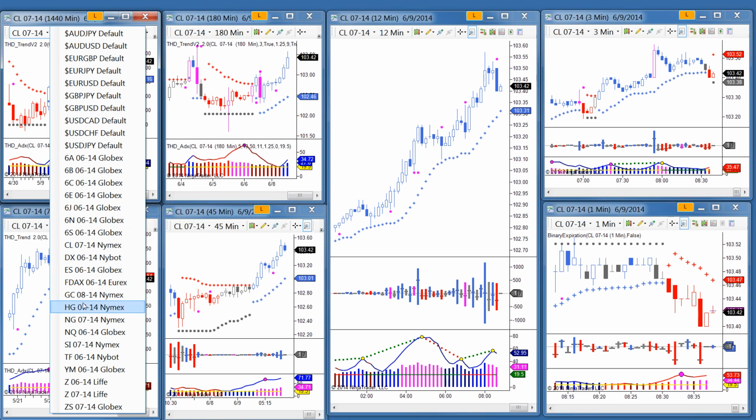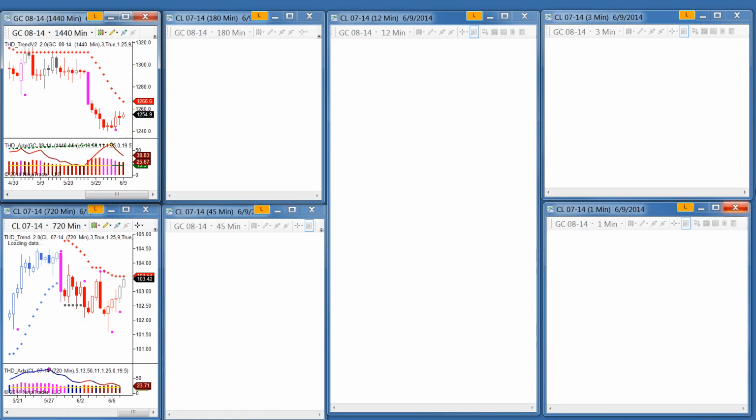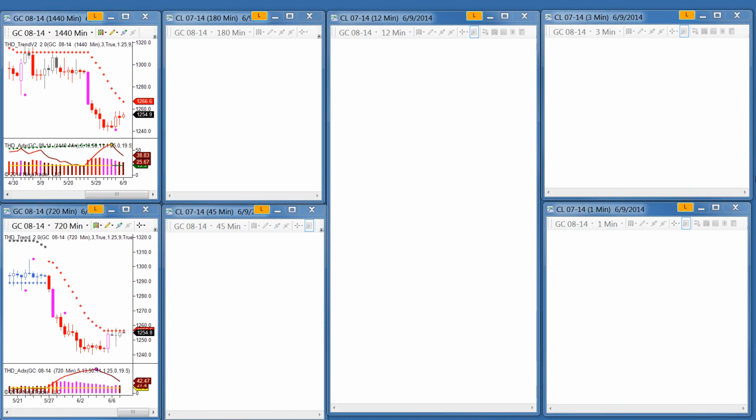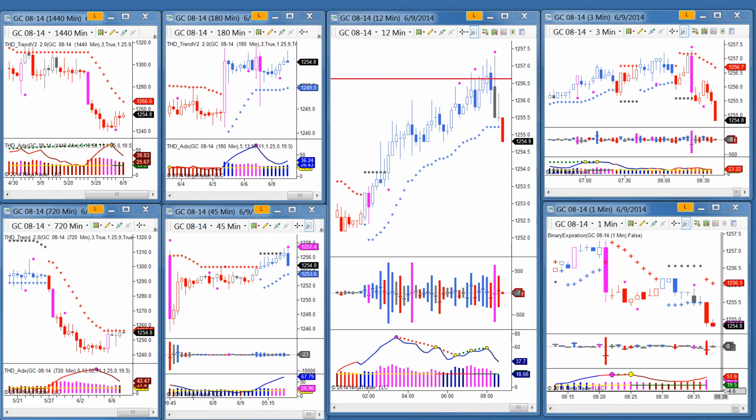Gold has, I believe, if I'm not mistaken, it had a magenta peak on it. Yeah, you do. You have a magenta peak already, so you know you're coming down to 1253.